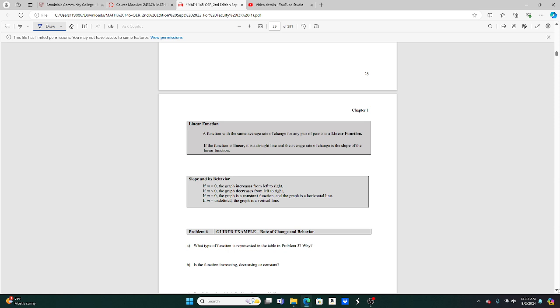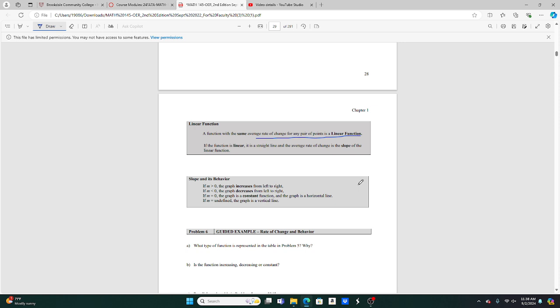Let's take a look at linear functions and what they mean, and talk about what makes them linear. As I mentioned before, if the same average rate of change exists for any pair of points, then the function's linear, meaning that if I see that same change all throughout, the slope is constant between any two ordered pairs, then I have a linear function. If it's not, then it's not linear.